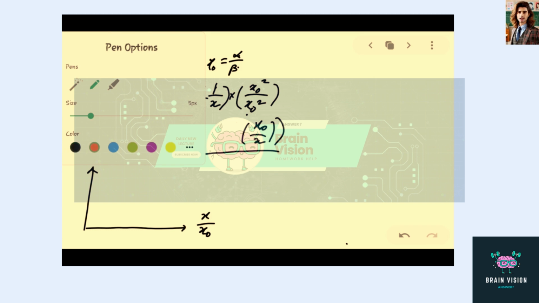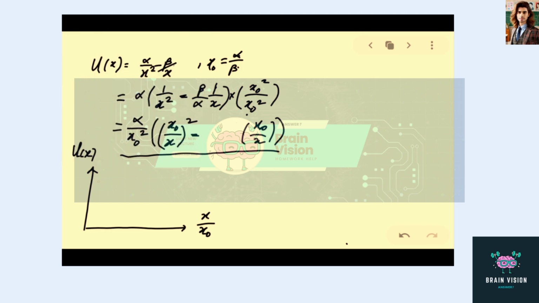Using a graphing calculator, we should be able to get a rough sketch of something like that. Now, we want to find the value of U(x naught), basically when x is x naught.